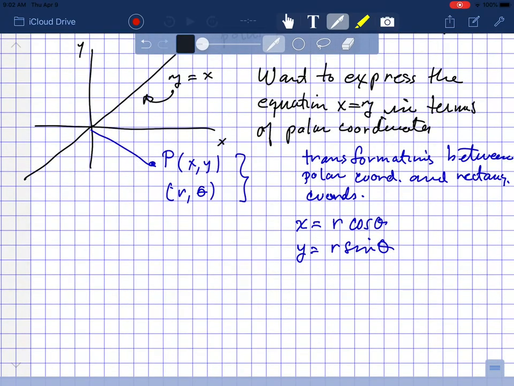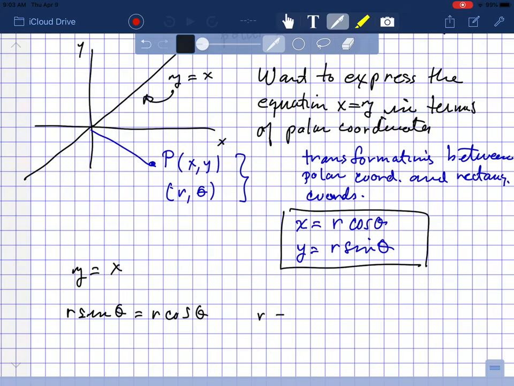So, of course, one way of converting this equation in terms of rectangular coordinates to an equation involving polar coordinates is to do the following. I can use these transformation equations over here, and I can say, okay, well, x is equal to r times the cosine of theta, and y is equal to r times the sine of theta. So I get r times the sine of theta is equal to r times the cosine of theta.